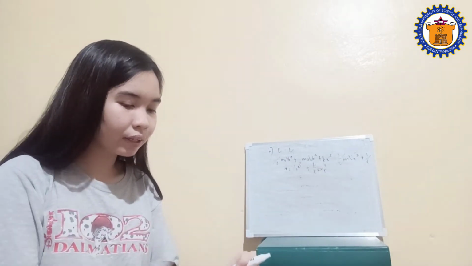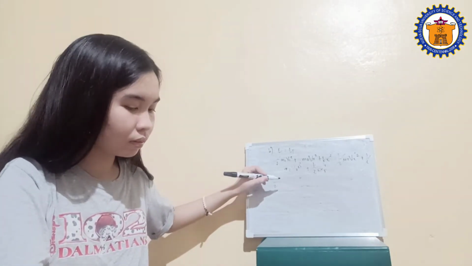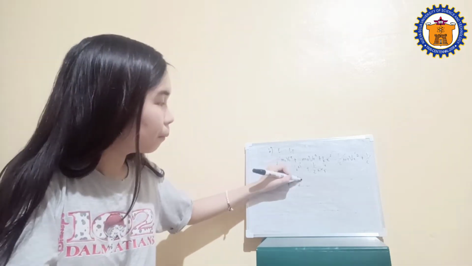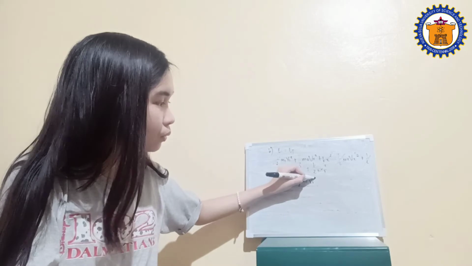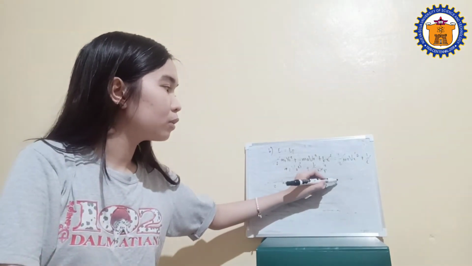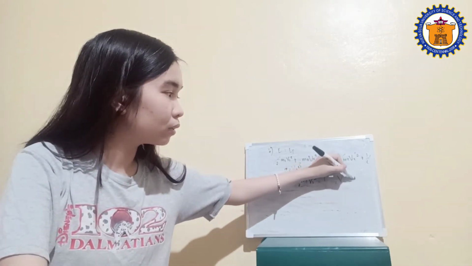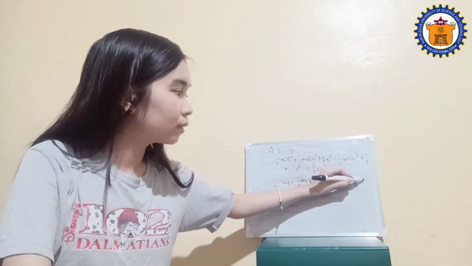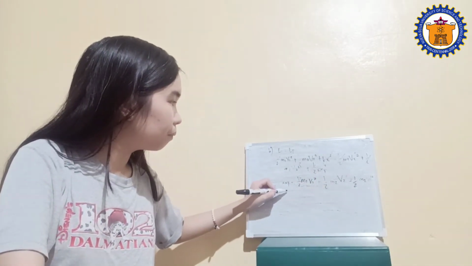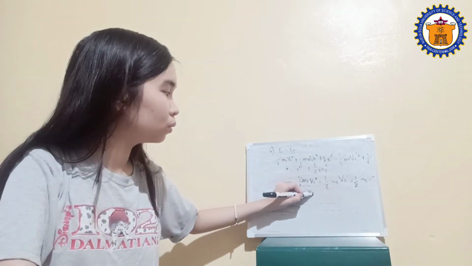So, ang matitira na lang ngayon is 1/2 Kx final squared is equals to 1/2 times mass 1 times V1 squared plus 1/2 times mass 2 times V2 squared minus 1/2 times mass 1 V1 prime squared minus 1/2 mass 2 V2 prime squared.